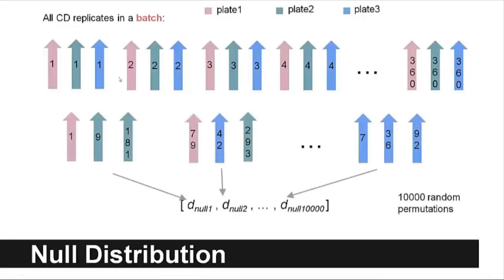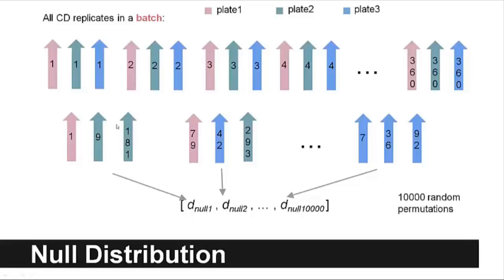Then, from this pool of replicates, I randomly draw 3 replicates. For example, it might be a replicate of experiment 1 from plate 1, a replicate of experiment 9 from plate 2, and a replicate of experiment 181 from plate 2.